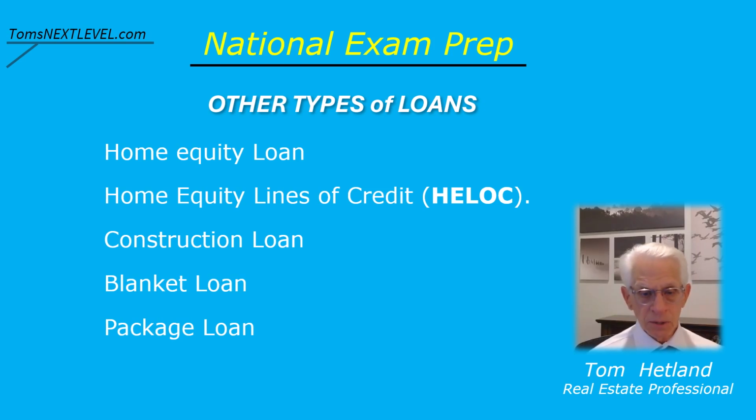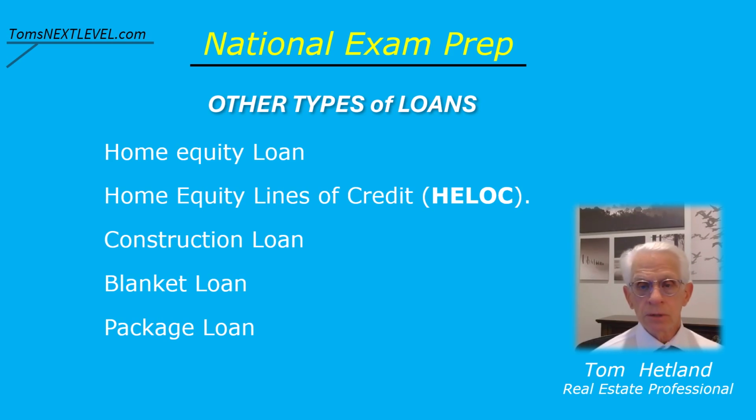And a package loan. A package loan is a loan that involves personal property and real property. Where are you likely to see package loans? That would be a test question, I believe. And you want to say resort condominium would be a good example. Come to my resort condominium complex, I'll sell you a condominium, and the condominium is furnished.